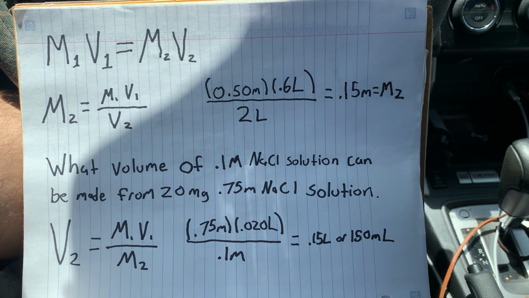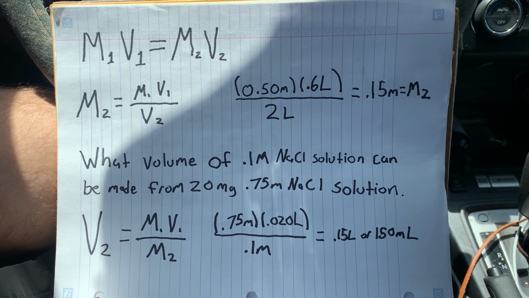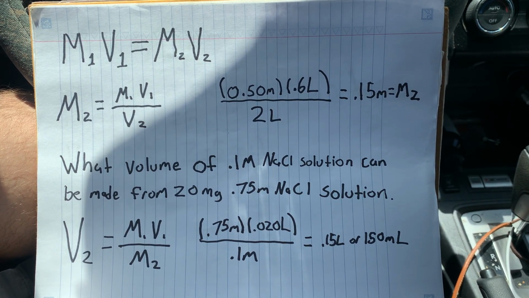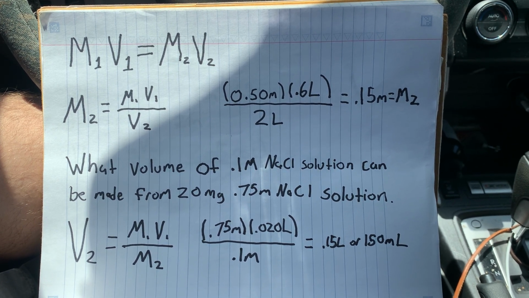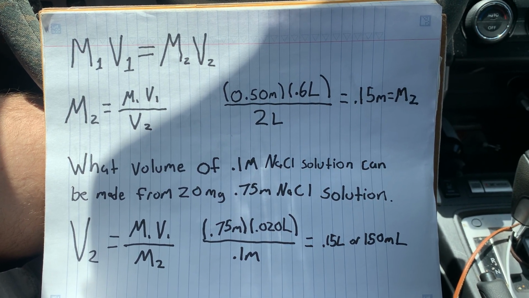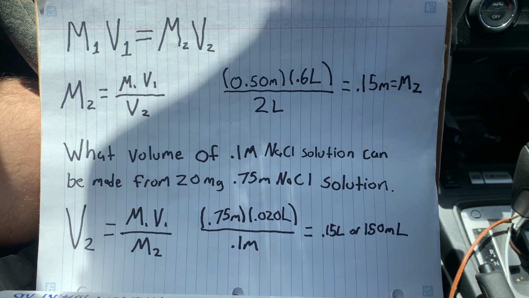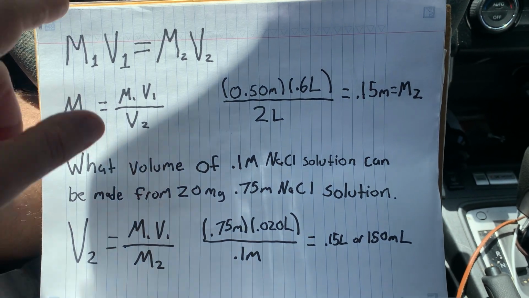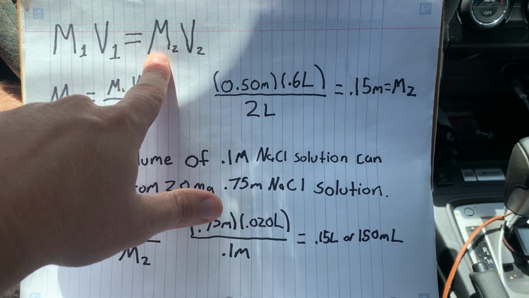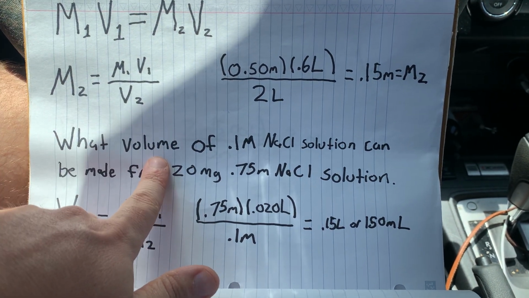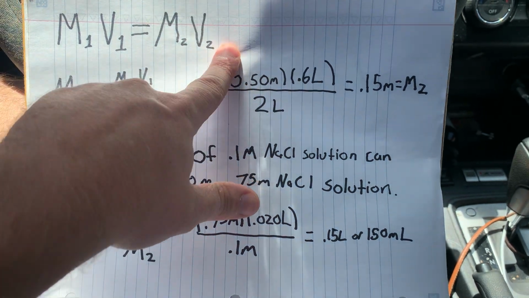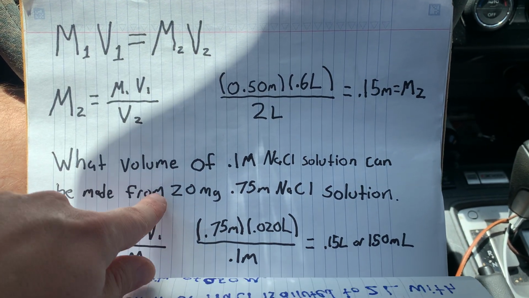Now, the second problem is what volume of 0.1 molar salt solution can be made from 20 milliliters of a 0.75 molar salt solution. So again, we refer back to M1 V1 equals M2 V2, and this time we're trying to find the second volume that can be made.